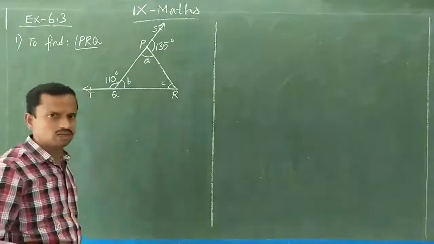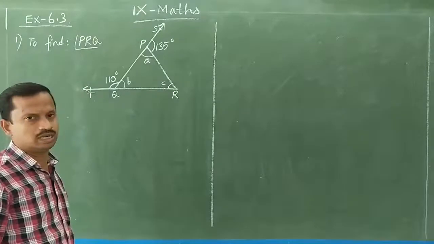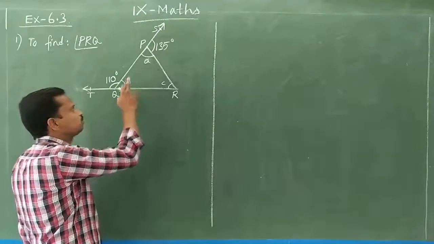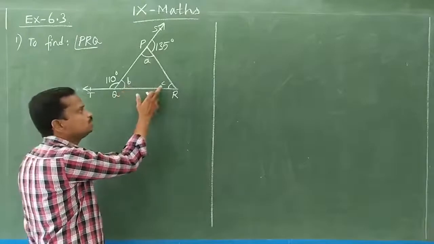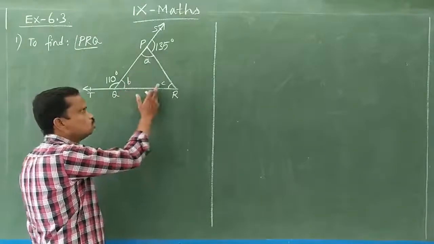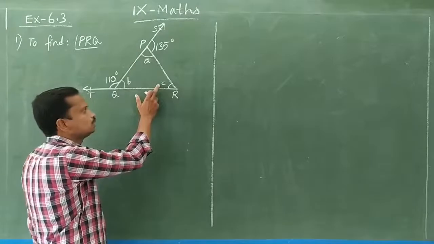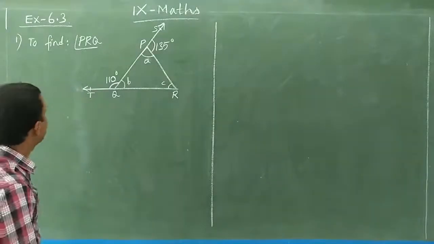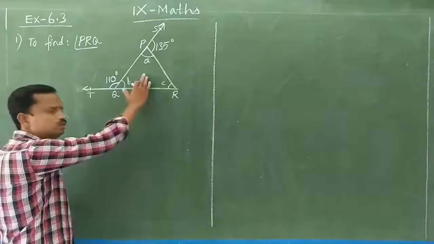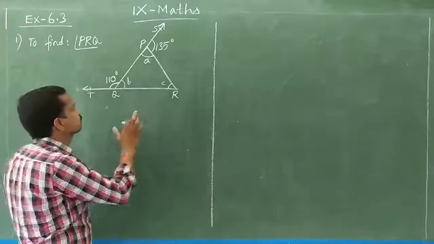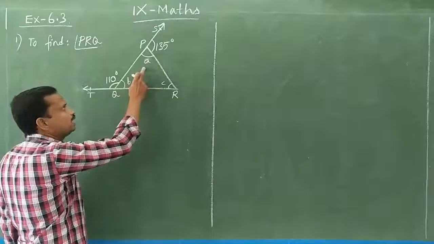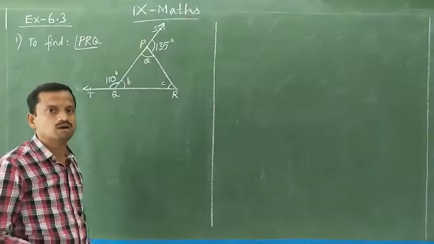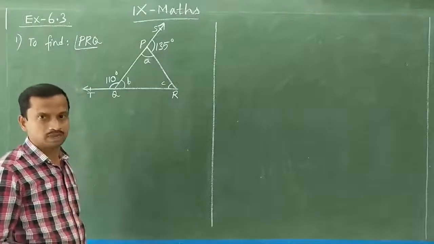Just for our convenience and better understanding, I am taking this angle as small a, this angle as small b, and this angle PRQ, which is to be found, as small c. By observing this diagram, first of all, 135 and angle A are what kind of angles? A linear pair. Am I right?